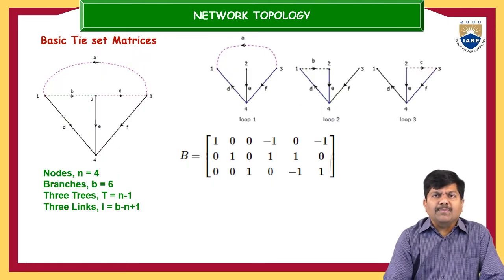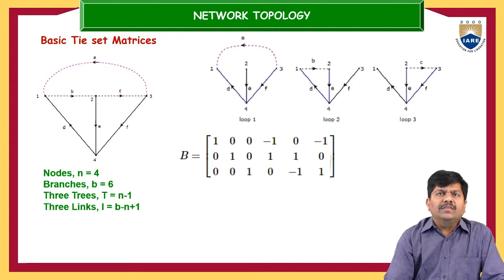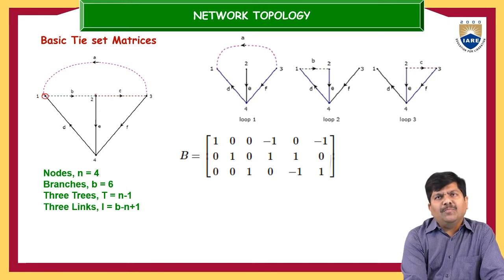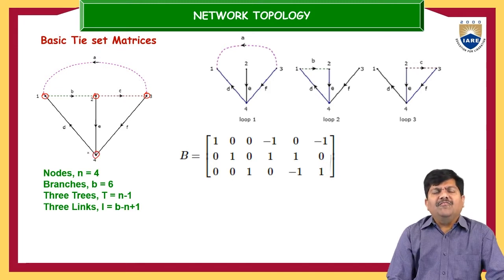So this is one basic problem. In this one, let me exercise how we are going to fill in the elements of matrix B, which is nothing but the basic tie-set matrix. It is clearly given that this is node 1, this is node number 2, this is node number 3, and this is node number 4. And what are the sides?